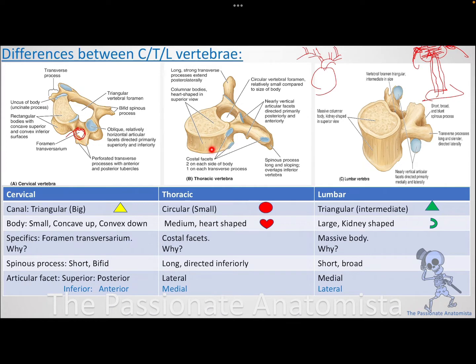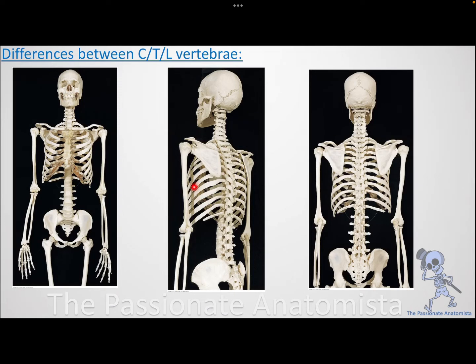What do you think you guys are going to find in the thoracic region? First of all, the spinous process is directed downward. Why do you think this is important? It's directed downward, you guys. If you look at the thoracic region, you don't want to have a lot of extension because you need to protect your organs inside.